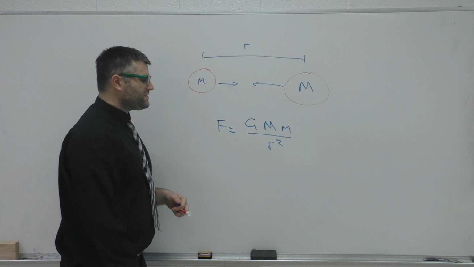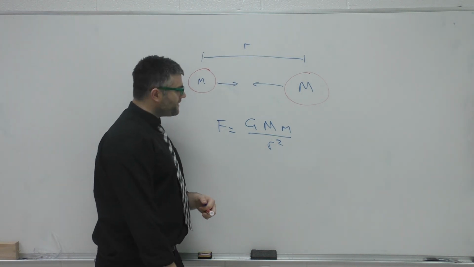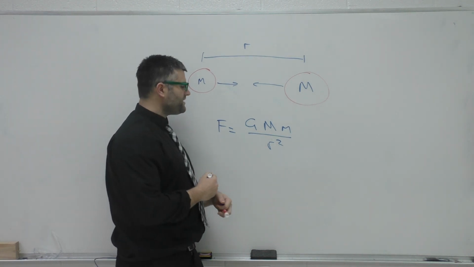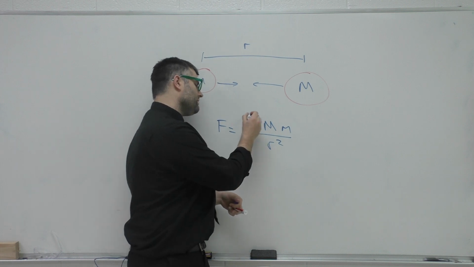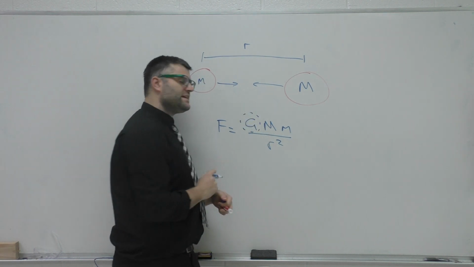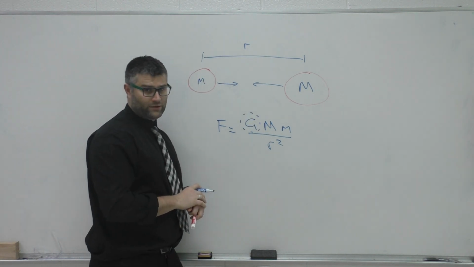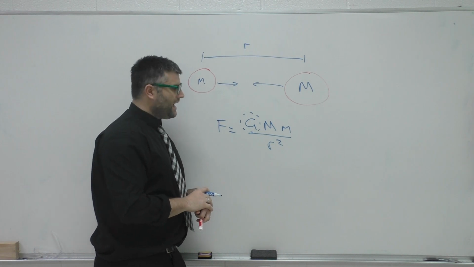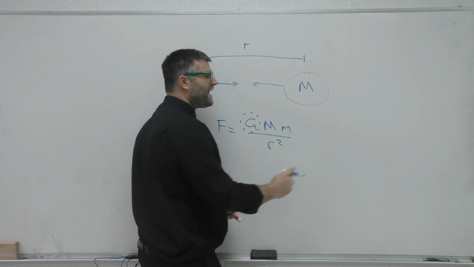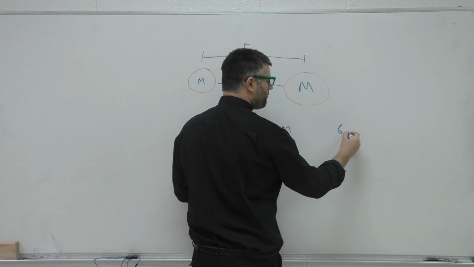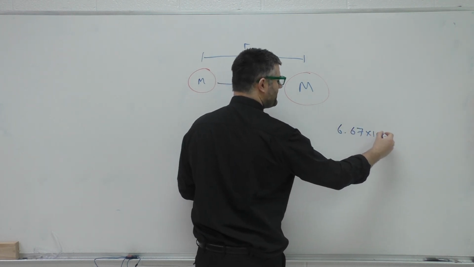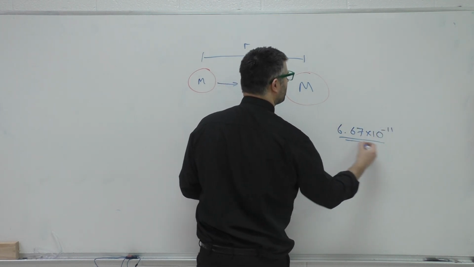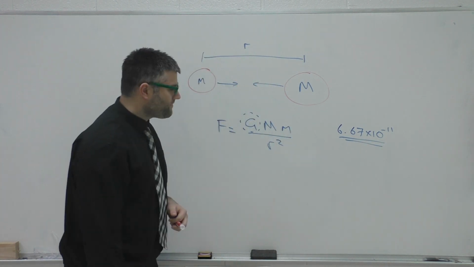Now, as you can see, there's a term I've thrown into this equation that you've not seen yet. This is the gravitational constant, capital G. It will be found on your data sheet, and it has a value of 6.67 times 10 to the minus 11. It does have a unit.